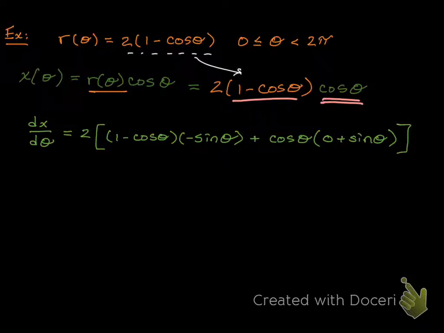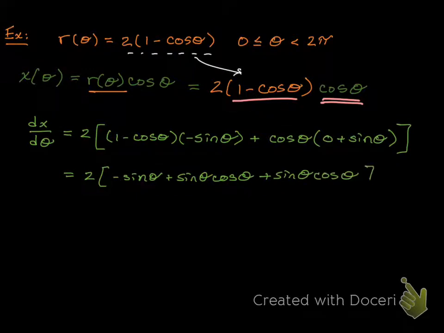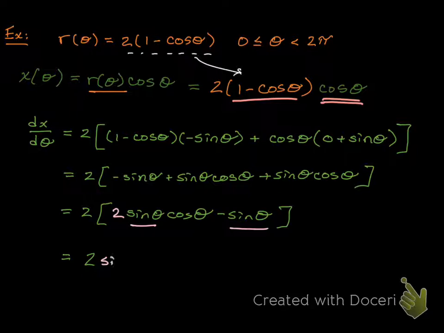I want to eventually set this equal to 0 and solve, so I'm going to combine like terms as much as I can and then factor. Distributing everything, I get 2 times minus sine theta plus sine theta cosine theta plus another sine theta cosine theta. Combining, I get 2 sine theta cosine theta minus sine theta, and I set this equal to 0.